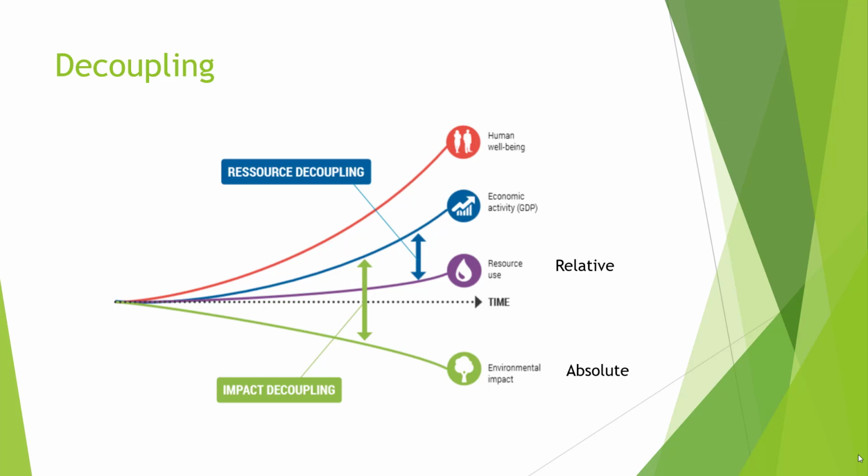So you can see here a graph of decoupling, human well-being, economic activity, and resource use. They're all relative decoupling. They increase over time, and impact decoupling. So absolute means a decrease in the environmental impact.